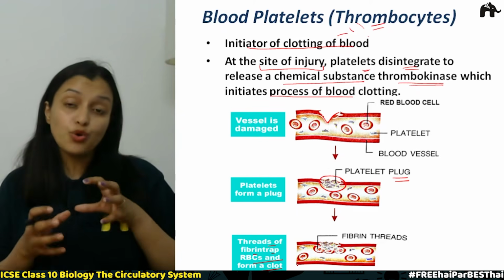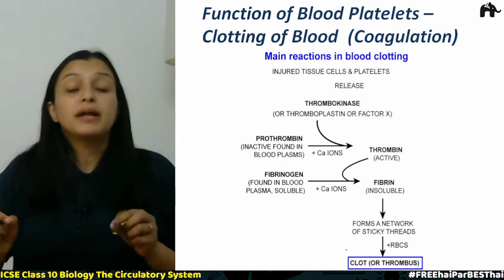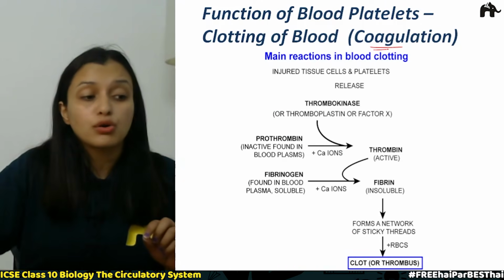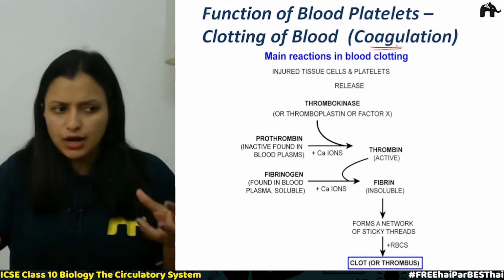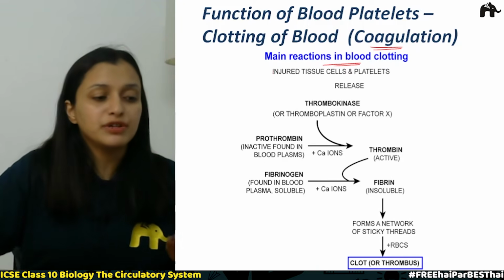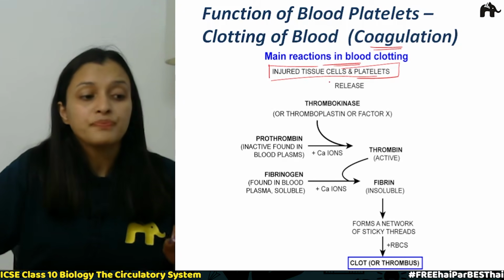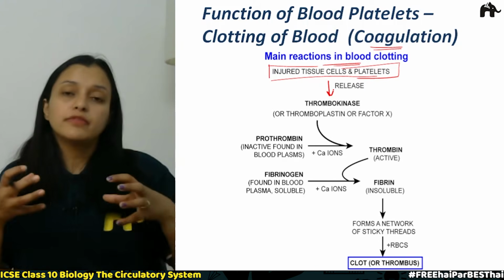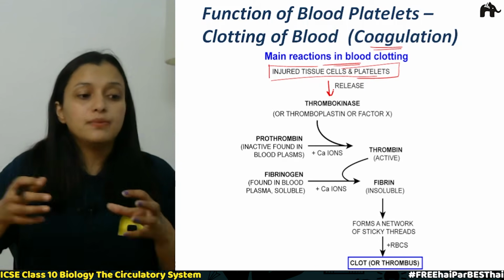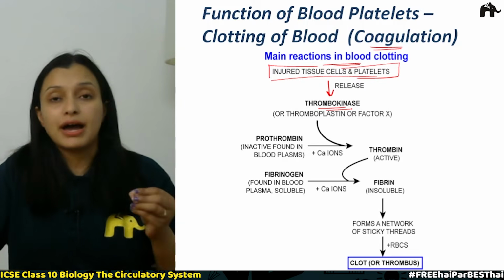So let us go into the detail of this clotting. Now the clotting of blood is also called coagulation of blood. Let us see how that happens. What are the main reactions in blood clotting? Whenever you see an injured tissue or injured cell, at that place the platelets will come and release a factor called thrombokinase.